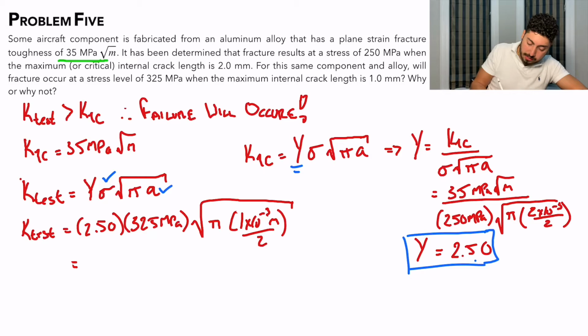And that's going to give us a K test of 32.2 megapascals per root meter.